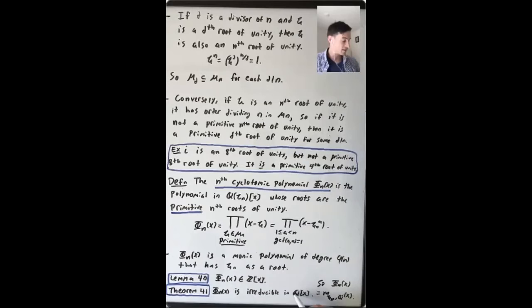So these two facts together show that the nth cyclotomic polynomial is the minimal polynomial of zeta n over Q. So the degree of this polynomial, phi of n, is the degree of Q adjoin zeta n over Q. So that is phi of n. So the corollary 42 that we started this video with follows directly from this lemma and this theorem. So that's the goal for the rest of this lecture.